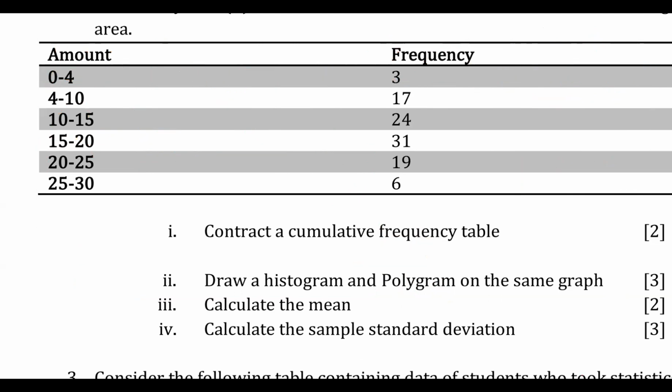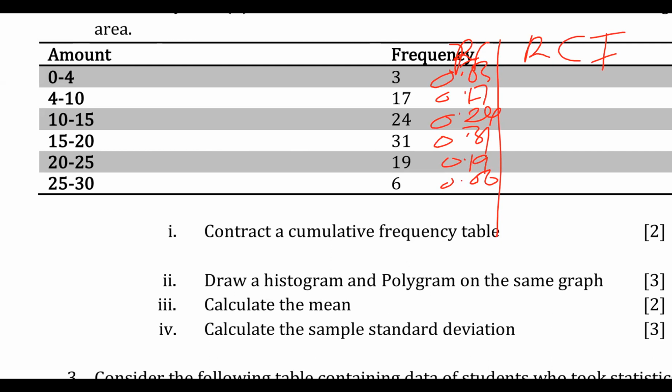The relative frequencies RF are 0.03, 0.17, 0.24, 0.31, 0.19, 0.06. Now you accumulate them again, the same way you were accumulating the frequencies.